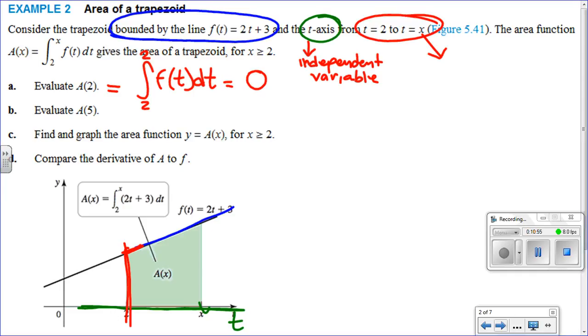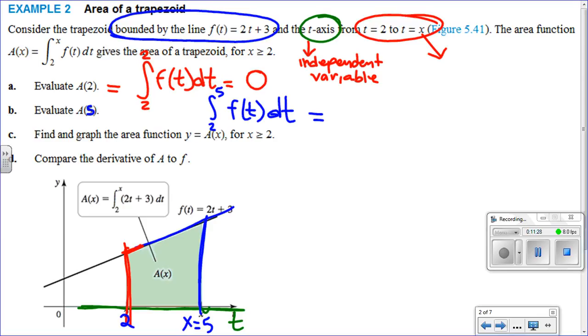Now, if we want to evaluate the next one, which is from 2 to 5 for that particular function, and then we have to put dt because our independent variable is t. So then for this one, we will pretend for a minute that this x is equal to 5, right? So then how can we get our measurements?